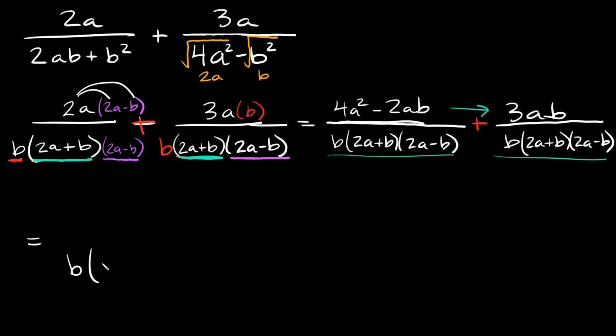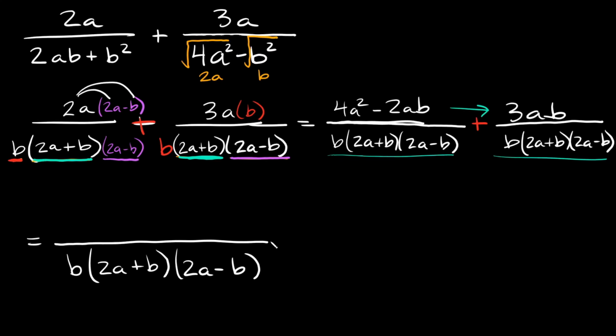So again, it's b times 2a plus b times 2a minus b. And then on top, adding straight across, we're going to have 4a squared minus 2ab plus 3ab. Now there's actually something we can simplify right here.